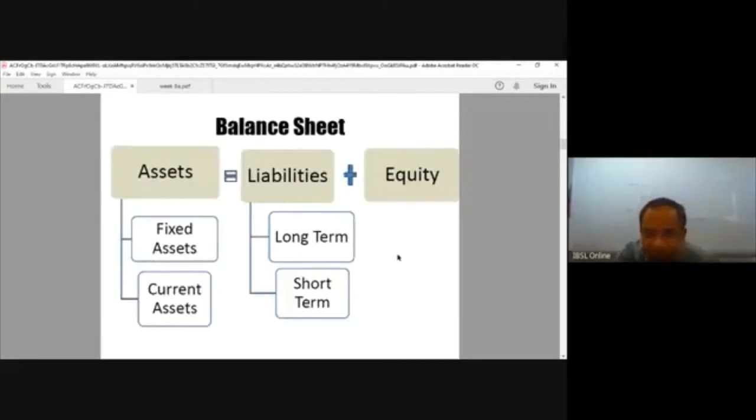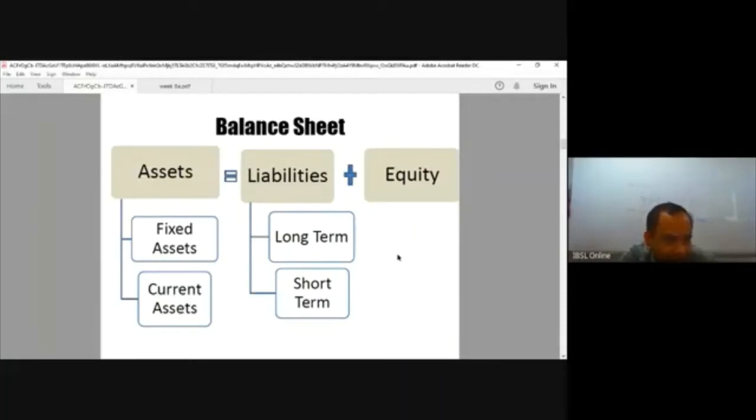The entire set of your balance sheet can be shown in this simple formula, right? In a business, the total amount of assets is financed by number one, the equity, and number two, the liabilities.